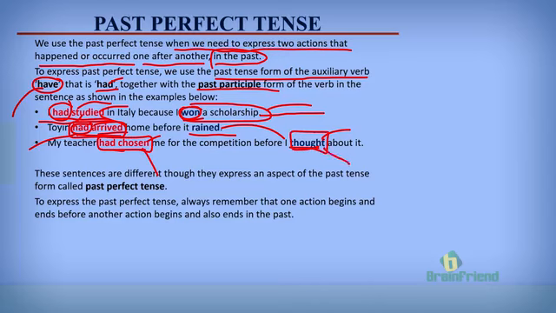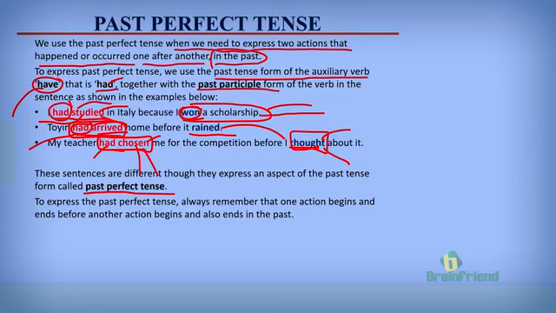It happened before this second action. And then again, we find the auxiliary verb had occurring before the past participle of the verb choose, which is chosen. Now, bear in mind that these sentences are different, though they express an aspect of the past tense form called the past perfect tense.